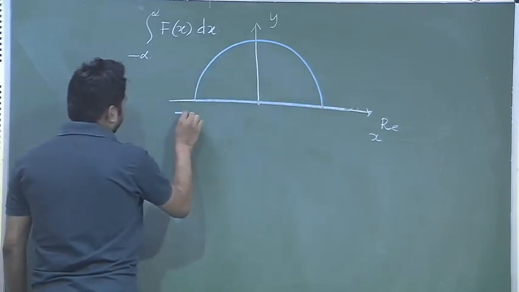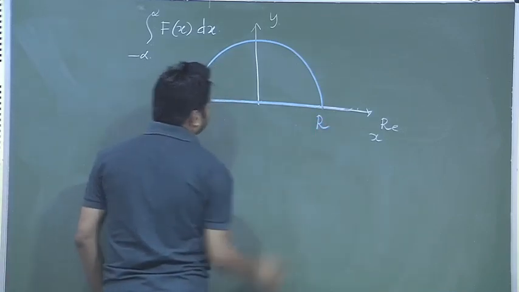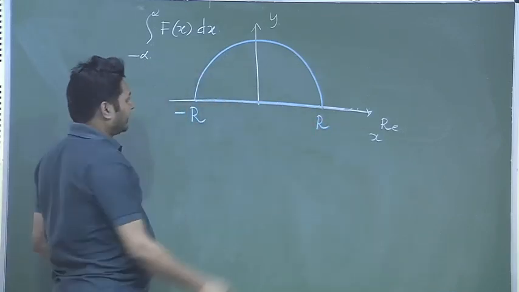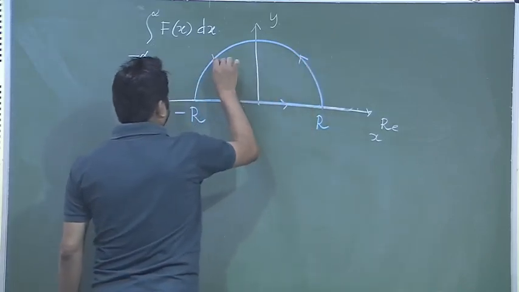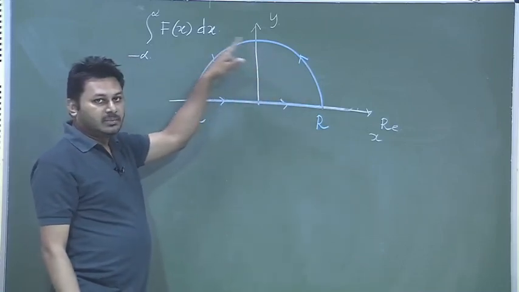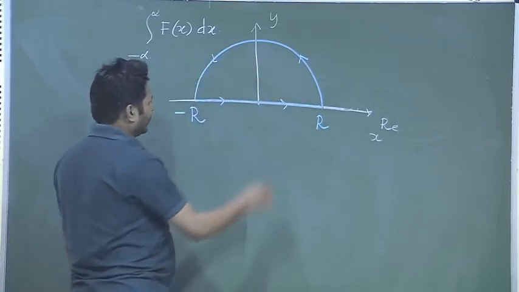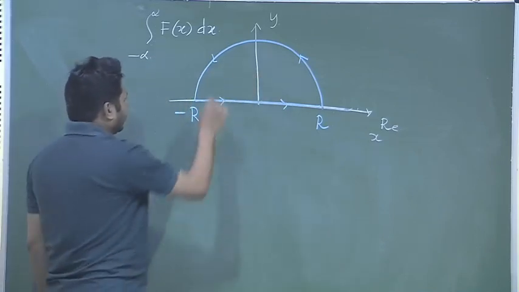This will be minus R, this will be R, and I will take a half circle over that, and return back. So, this entire blue thing is nothing but a closed loop, and all my singularities may be here.